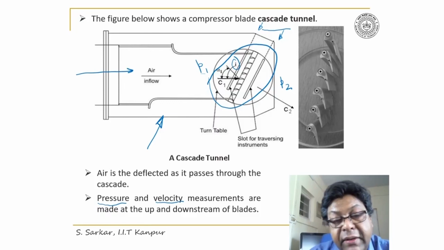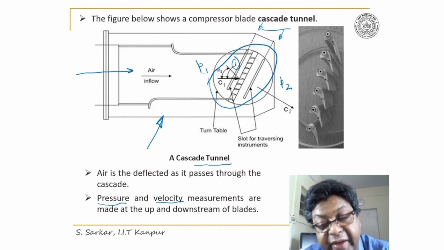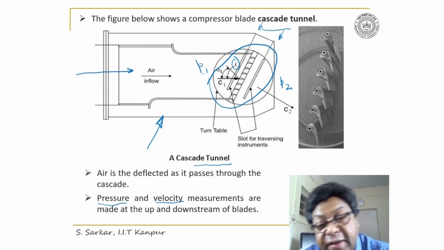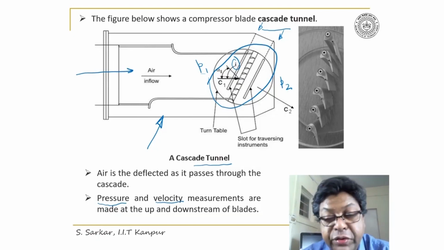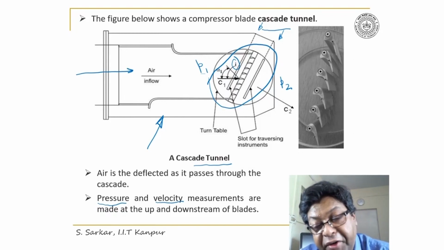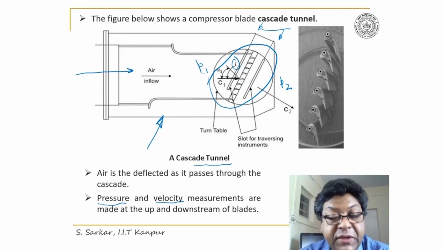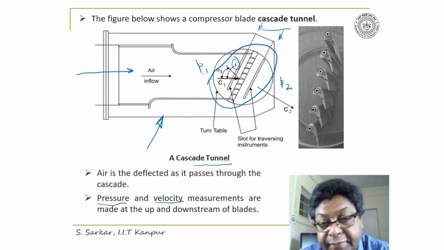So in brief, cascade tunnel is a wind tunnel where air is pushed through the array of blades, and we measure the flow field and the pressure field both at upstream and downstream of the blade.